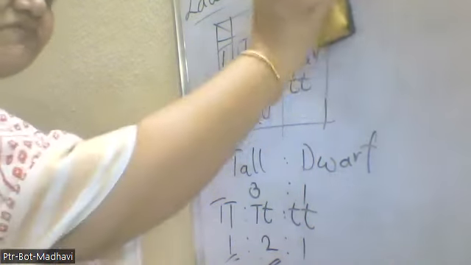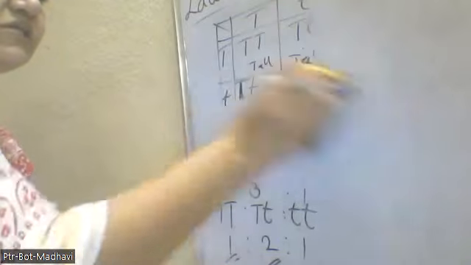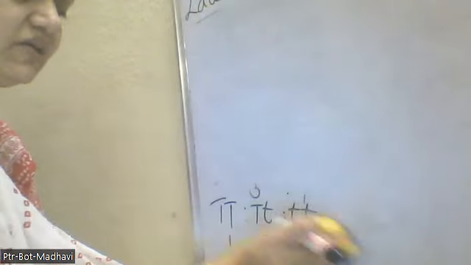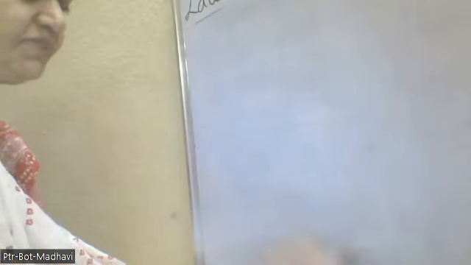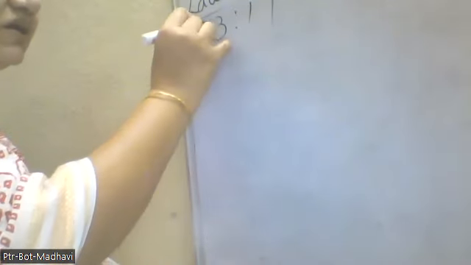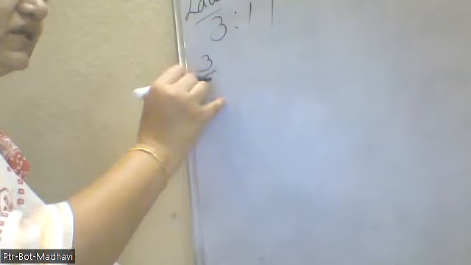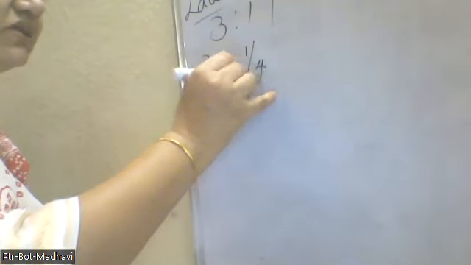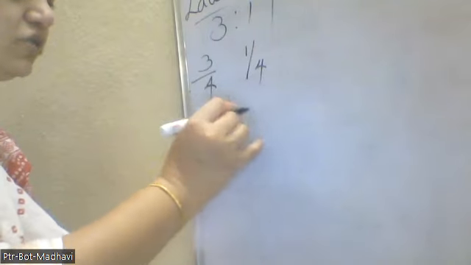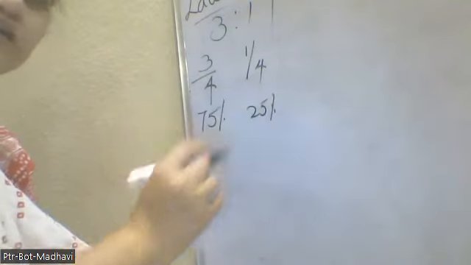And here they will ask us the fractions. So the total phenotypic ratio is 3:1. Total how many progeny did we get? Total 4 progeny, 3 plus 1, 4, right? So of that, 3/4 are tall, 1/4 is dwarf. That means 75% are tall, 25% are dwarf.